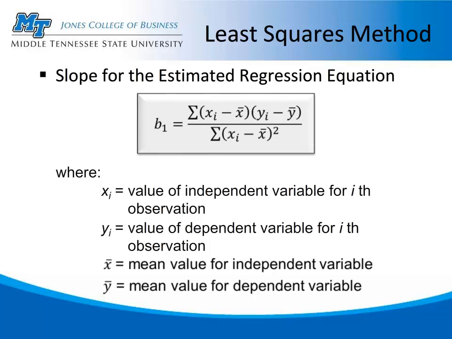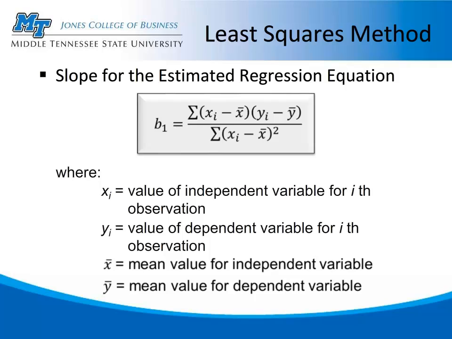Now we're not going to get into the particulars of how you come up with this formula, but it's based on calculus. When you take the sum of the squares of the errors, and look at that as a function of two variables, the y-intercept and the slope, you can use something called a partial derivative.